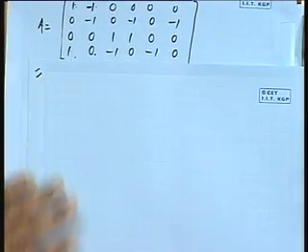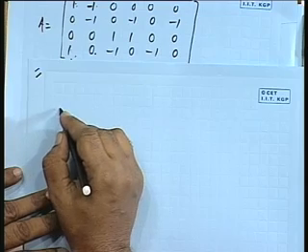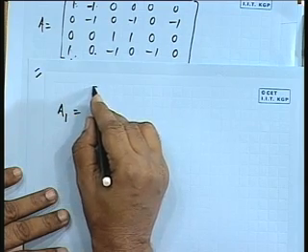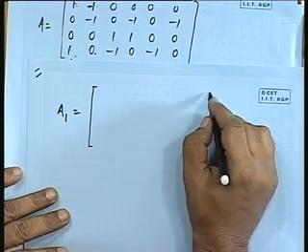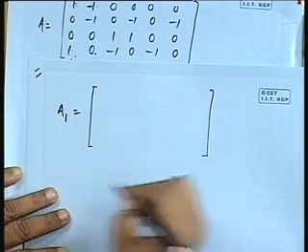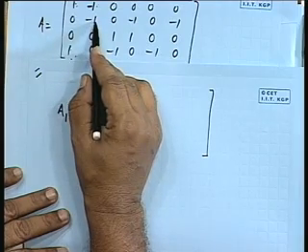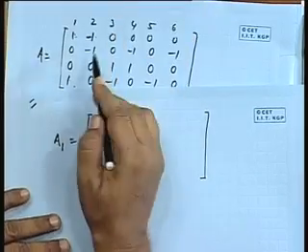So, from A matrix, if you apply those transforms, what will be the possible next transform? I can change the sign of this, okay. I can change the sign of the second row.